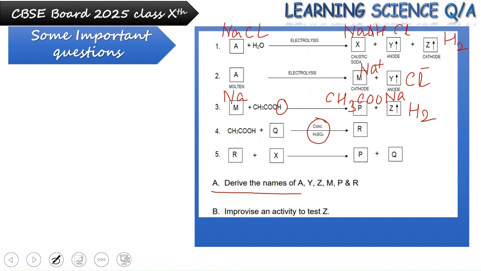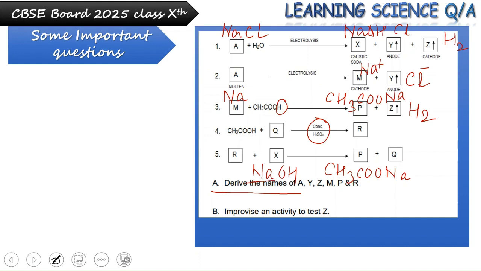Here P is CH3COONa. Q we don't know and R we don't know. Again, X is NaOH.